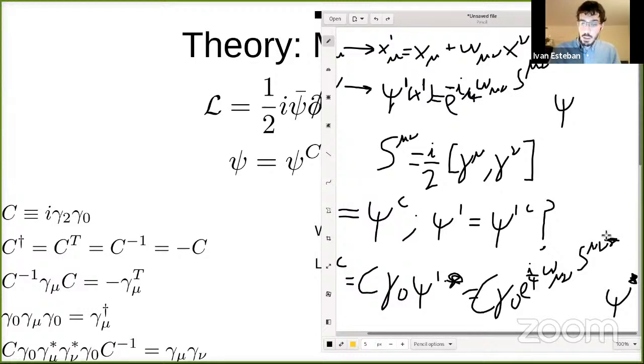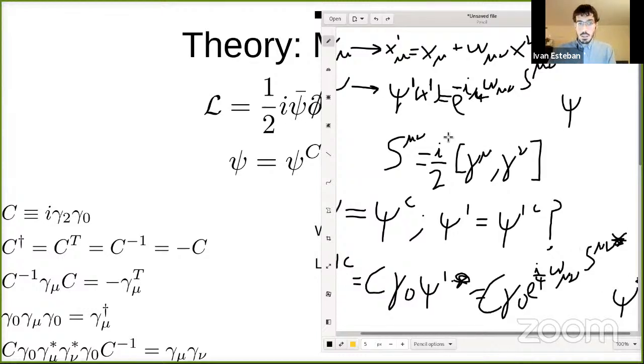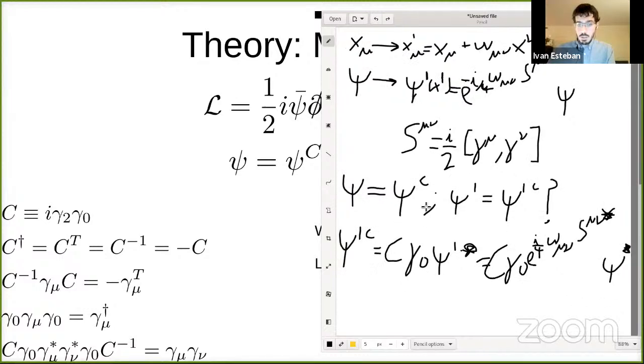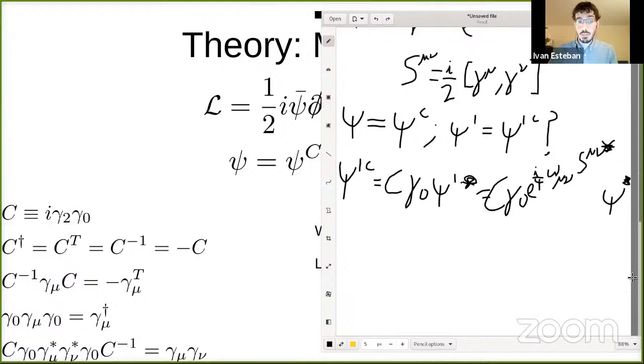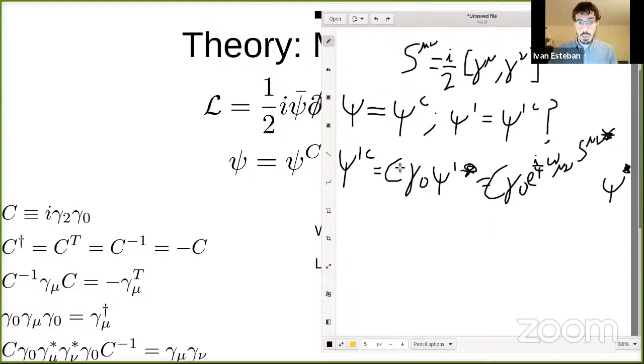So this expression gives me the charge conjugate of the Lorentz transformed field. We want to check that this is equal to the Lorentz transformed field. And for this, we have to assume that the field is its own self-conjugate.